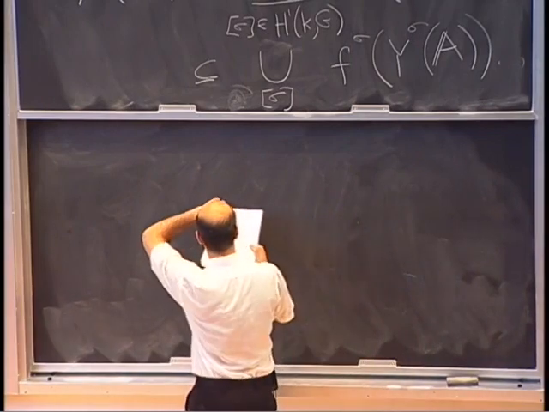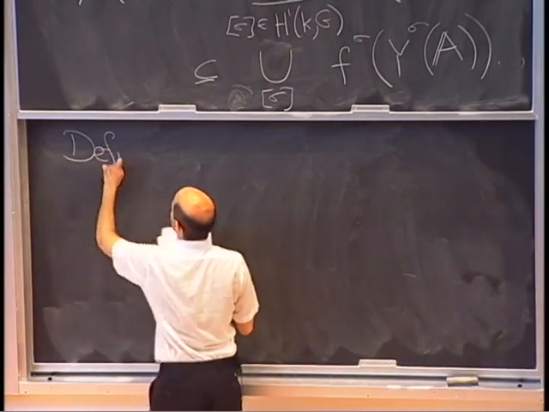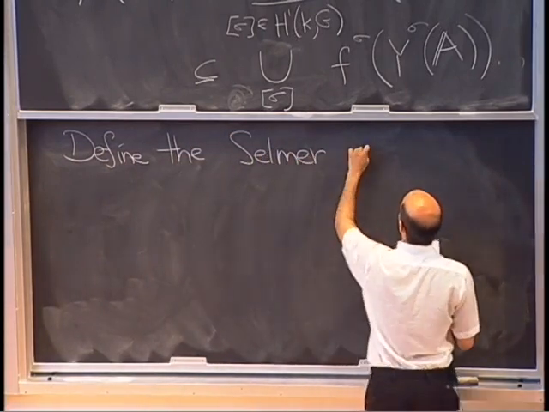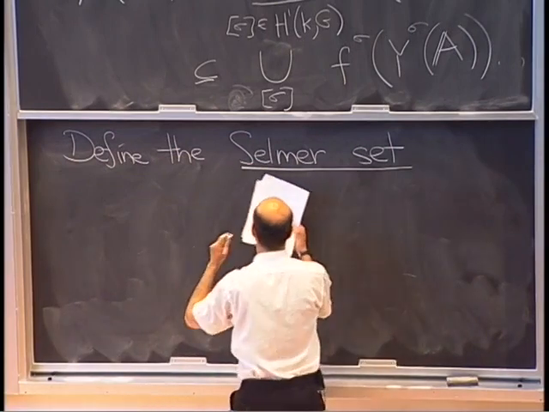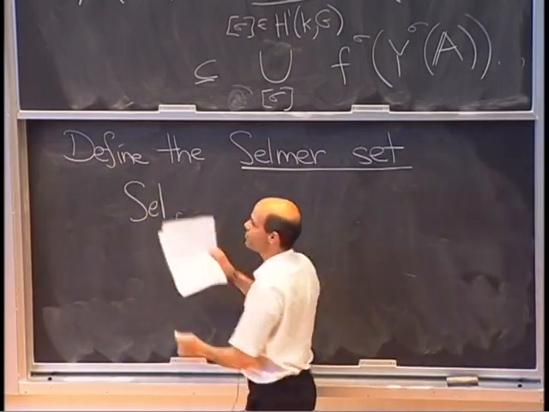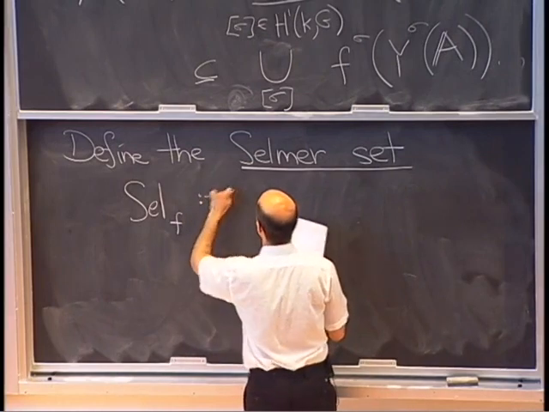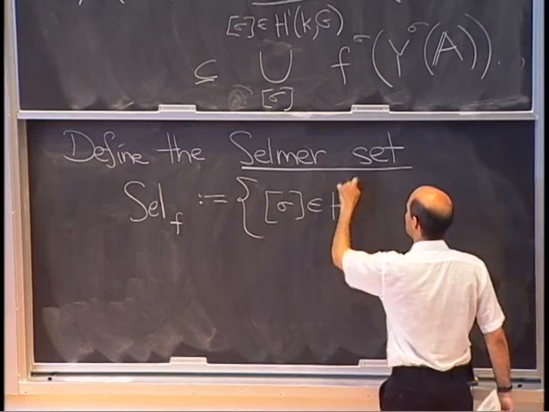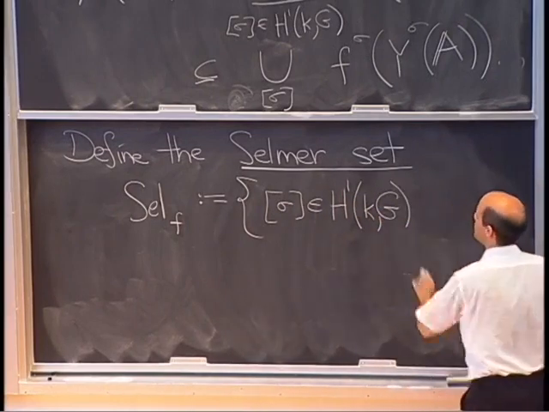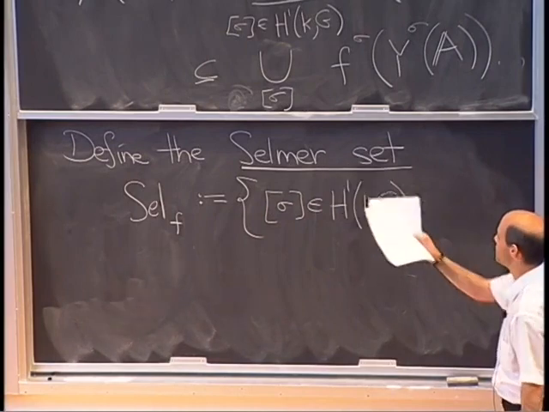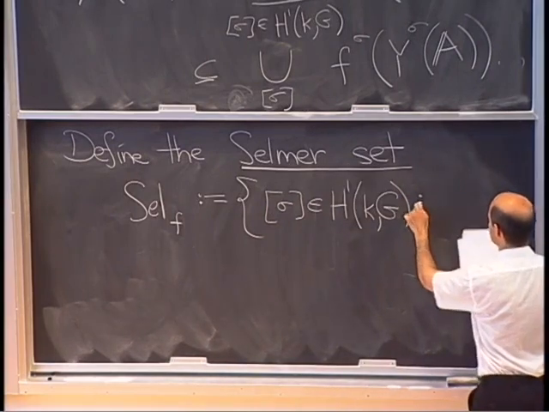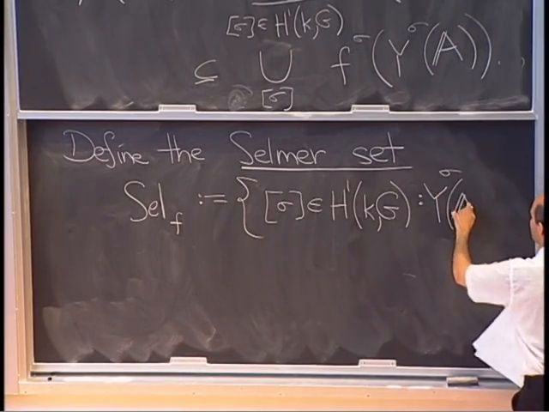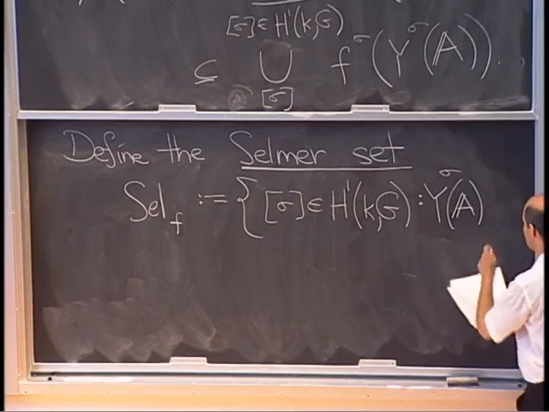So what's the conclusion here? Let me define a notion just to express this finiteness statement. Let me define a Selmer set associated to this torsor as the set of cohomology classes for which these auxiliary varieties have local points.